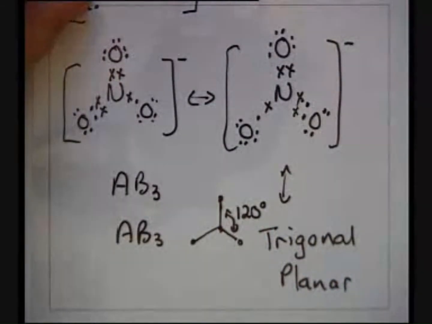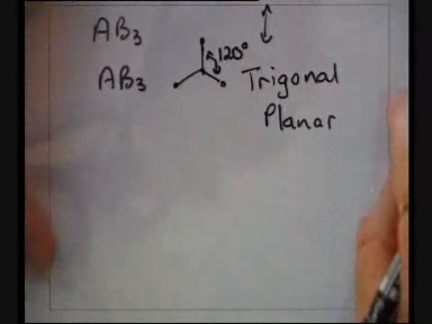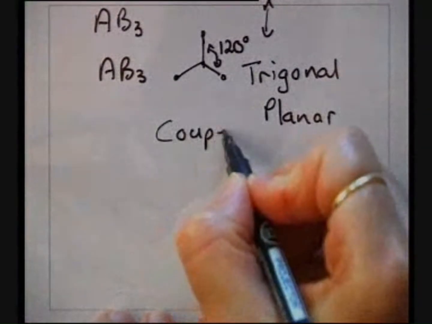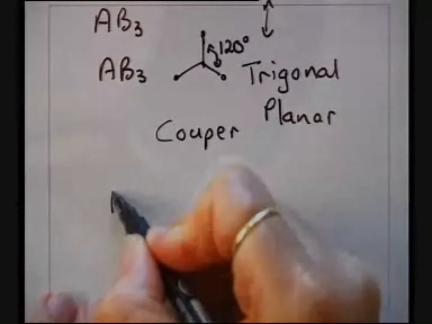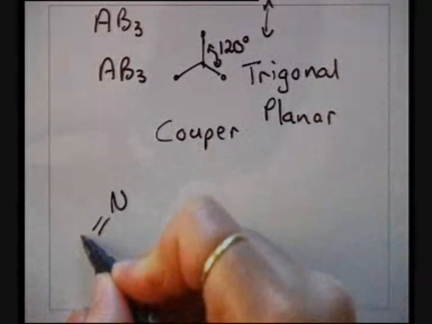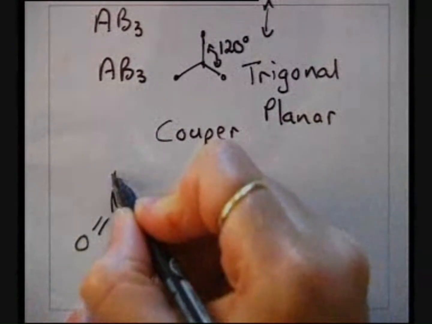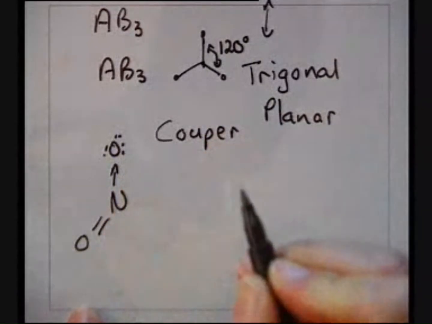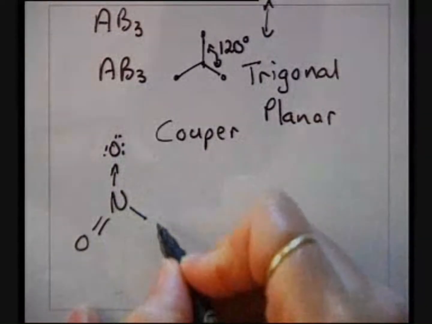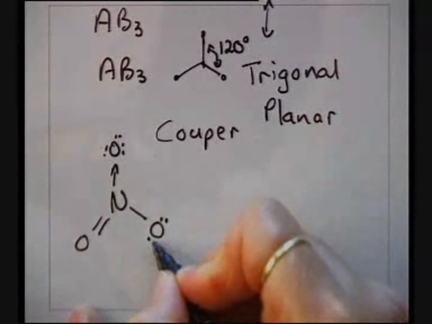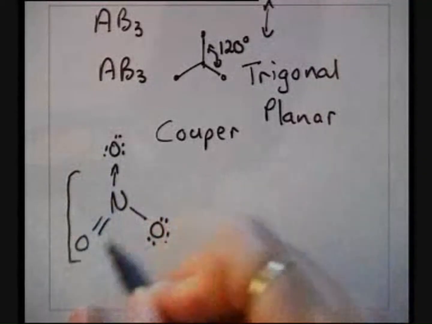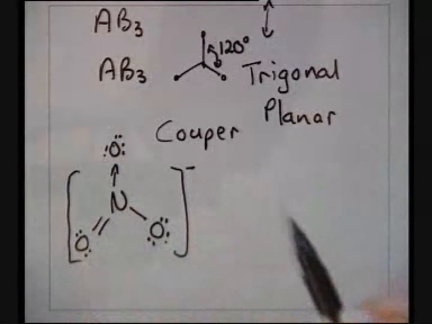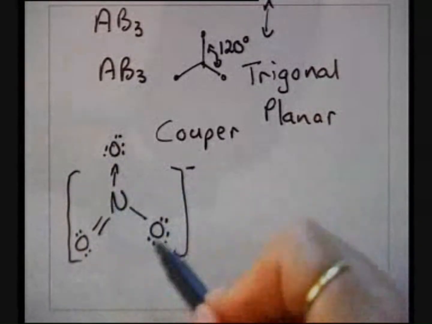When we write the molecular geometry of the nitrate ion, we make use of Cooper or Cowper structures. Nitrogen bonded with a double bond to one oxygen atom, with a dative covalent or coordinate covalent bond to the oxygen to the top, and with an ordinary single bond to the oxygen to the right. The lone pairs on the terminal atoms will not influence the structure.